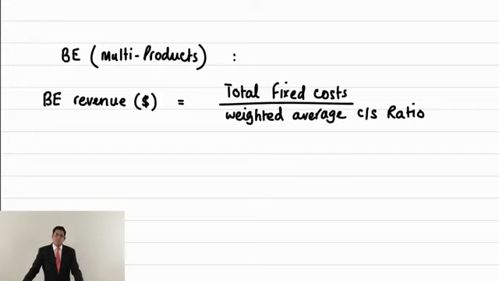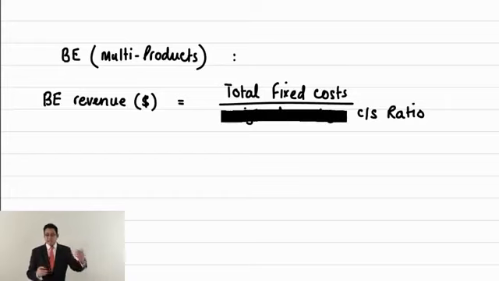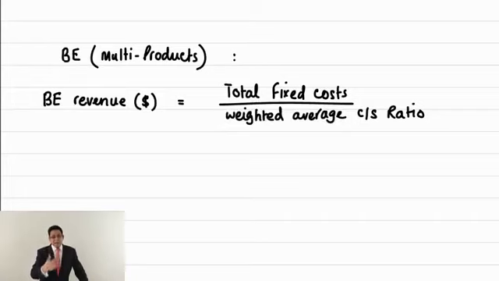Generally we use just the CS ratio for break-even revenue for a single product. So if it's only a single product, the formula, as you've seen before in this session, was total fixed cost divided by CS ratio. But if it's a multiple product environment, where the company is selling 2, 3, 4 products at the same time, then it is total fixed cost divided by the combined CS ratio of all products, or the weighted average CS ratio of all products.